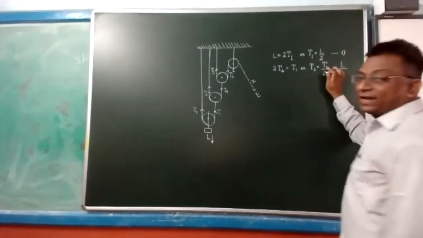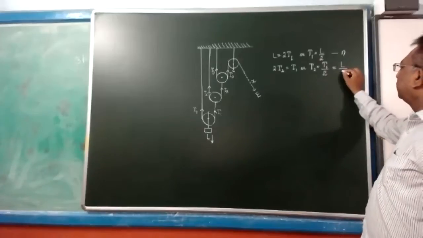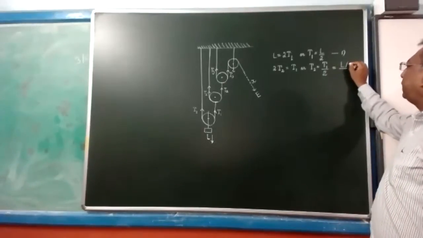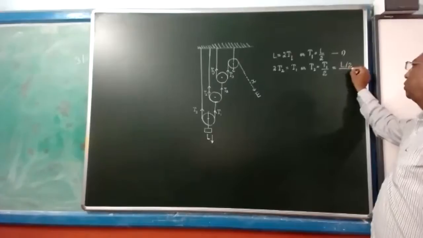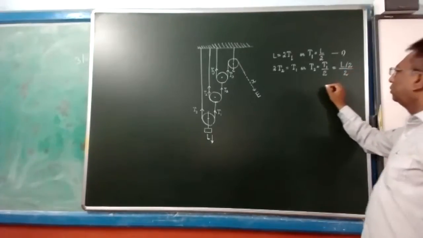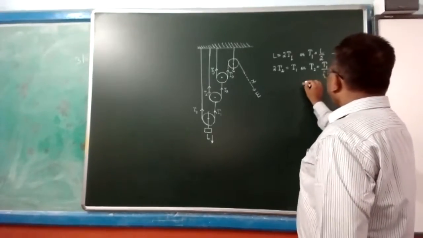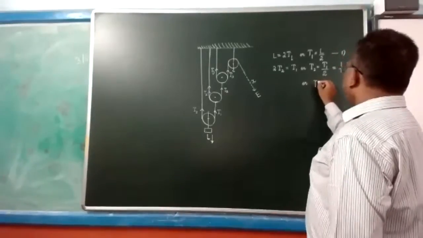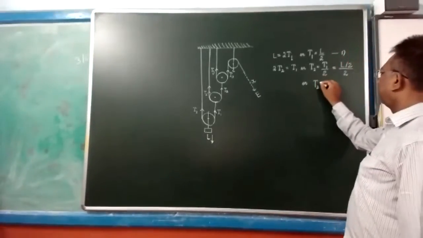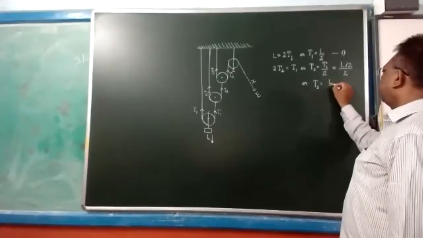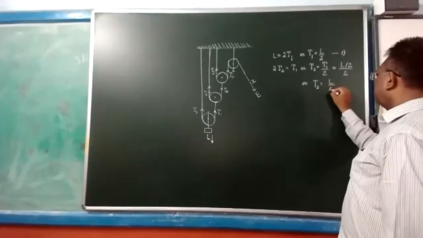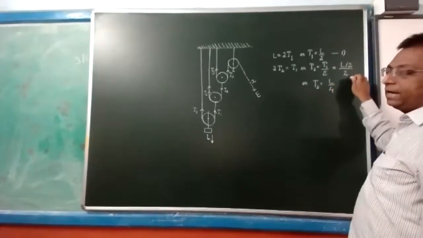L by 2. Now we put the value of T1 here. T1 equal to L by 2, so T2 equal to L by 4. The 2 will come in the denominator.